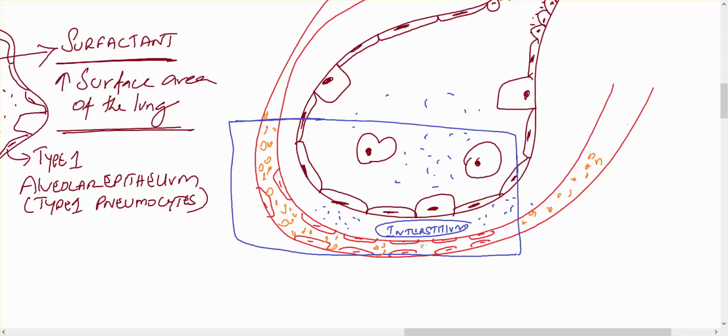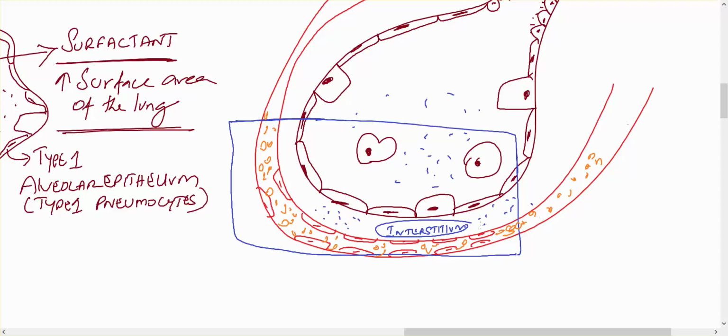Why? Because in left heart failure, the blood cannot flow from the pulmonary vein into the left atrium, so the pulmonary vein becomes congested and the pressure increases in the capillary, so the fluid goes out into the interstitium and can go into the alveoli. That's why the patient gets frothy sputum. Understand? So this is pulmonary edema.